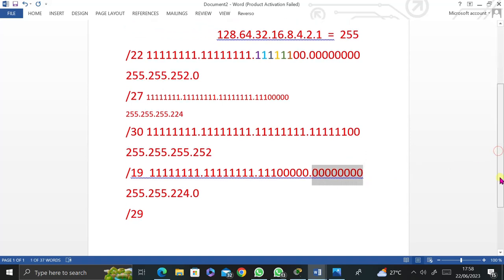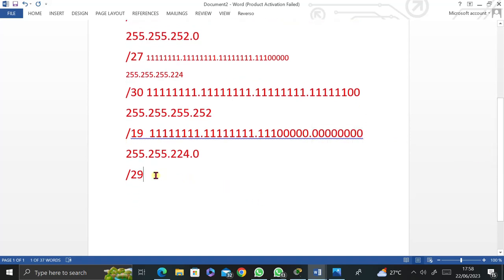So the next thing we need to do here, we can do the same thing with this one. 1 to 8, 1 to 8, 24, 25, 26, 27, 28, 29. So now we are only working with this one here.